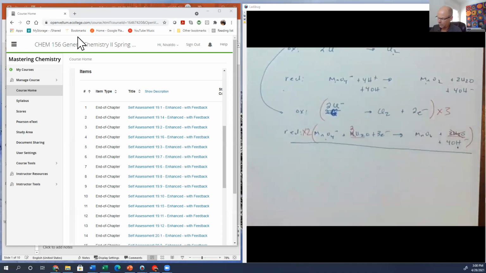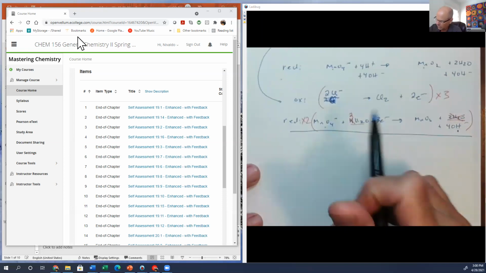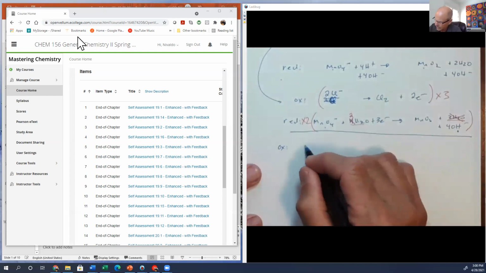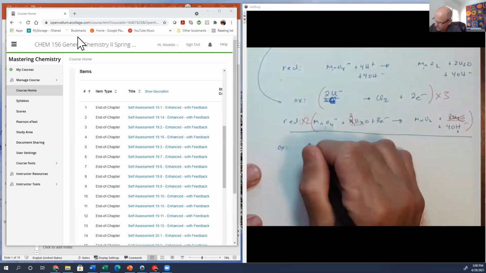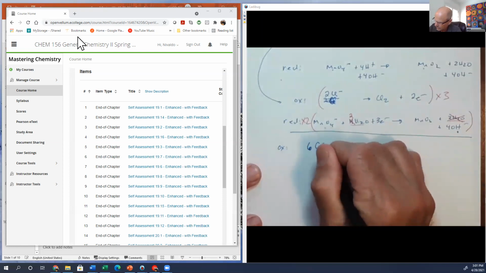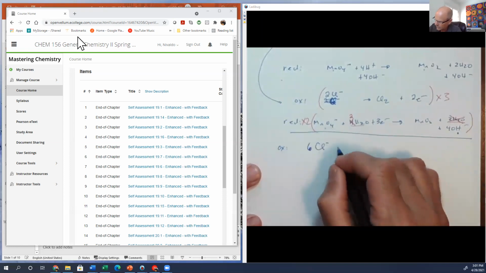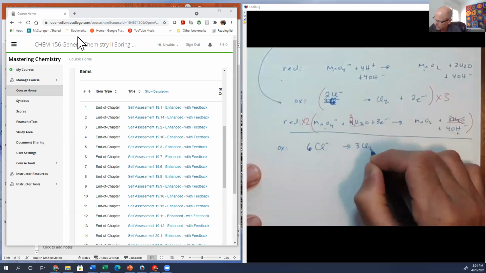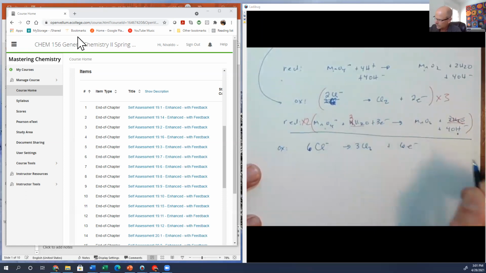Okay. So then when I multiply all this out, I'm going to get from my oxidation 6 Cl minus goes to 3 Cl2 plus 6 electrons.